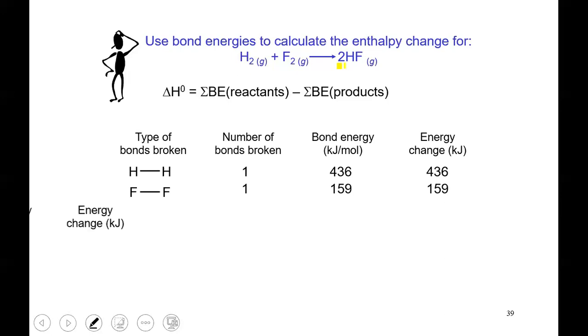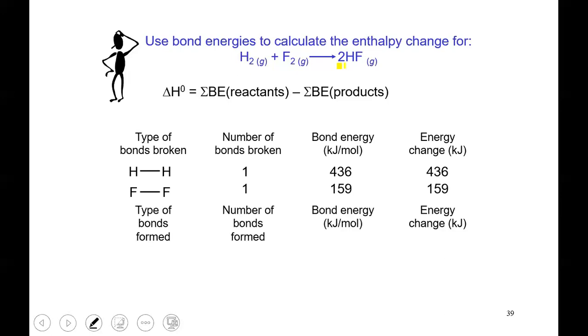Now let's look at the products. Same thing again. We're going to write out the types of bonds formed, number of them, bond energy per mole, and then what will be the total for this particular case. So in this case, we are forming an HF bond, but we're making two of them because there's two molecules of HF. Each one of those has a bond energy of 565, which means that there's a total, that times 2, of 1130.